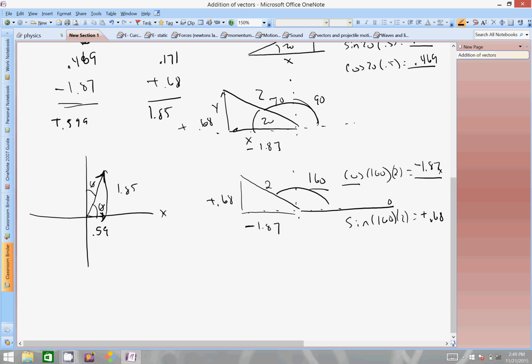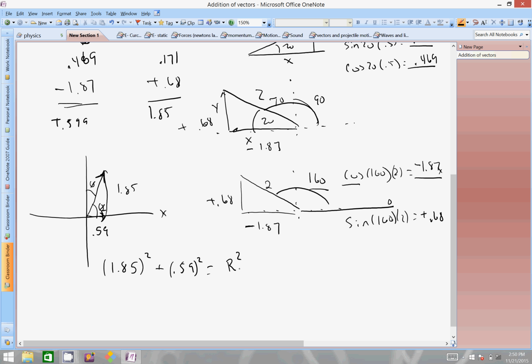So at this point, this is a right triangle right here, so I use Pythagorean theorem. 1.85 squared plus 0.59 squared equals my hypotenuse squared, the resultant squared.